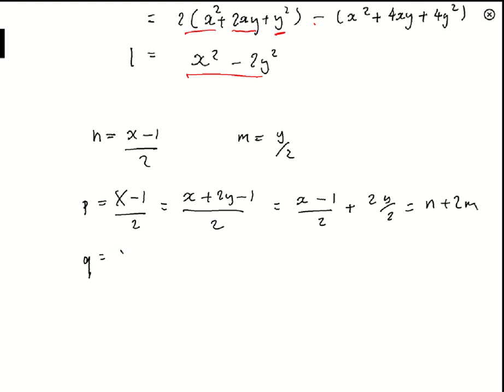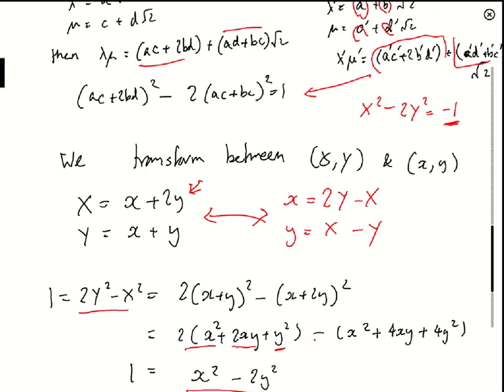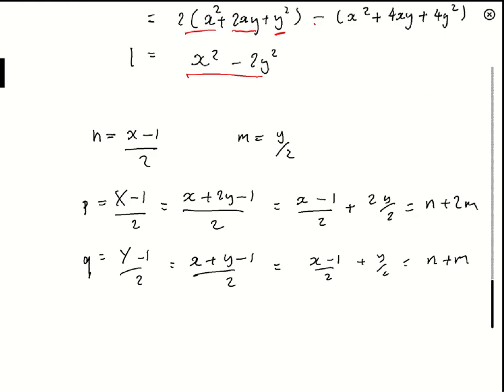The q was y minus 1 over 2, which is equal to x plus y minus 1 over 2, which, if I bracket it out properly, is simply n plus m. It's a surprise. And so now what I've got here, I've basically got the idea that if I know a solution to the square triangles problem, I know the solution to the double triangles problem.